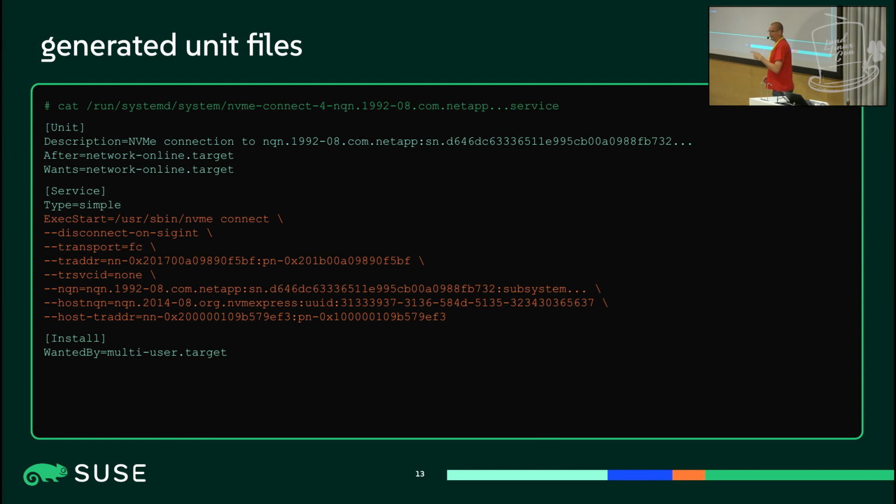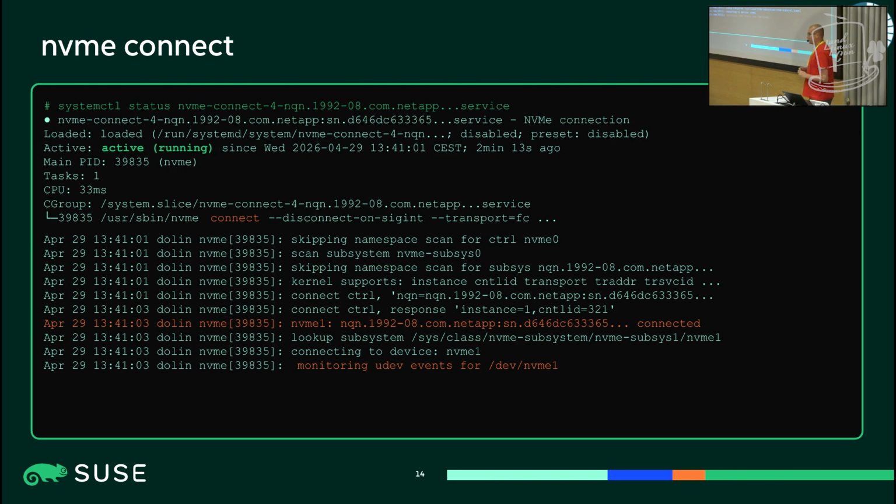Exactly. So obviously we can now do reconnects on the connect. If we have an address failure or transient errors, we can react to that. And the thing I really like is that we can now have per-connection logs.